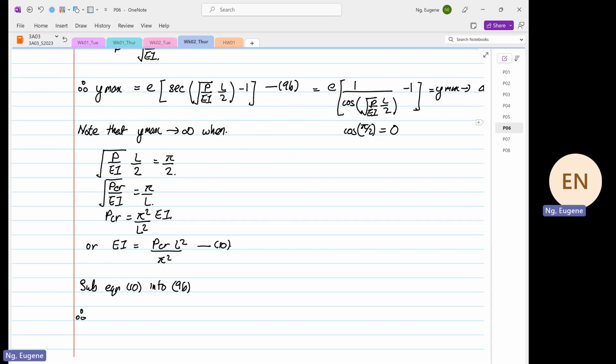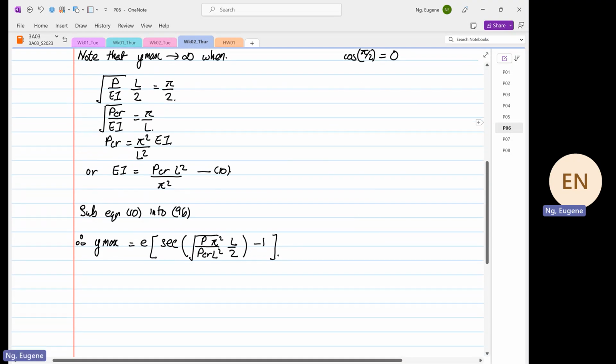Therefore, Y max will be equal to E, secant, square bracket, square root of P over P critical L squared over pi squared, times pi squared, and then we have L over 2, and then we close the bracket, and then we have a minus 1.